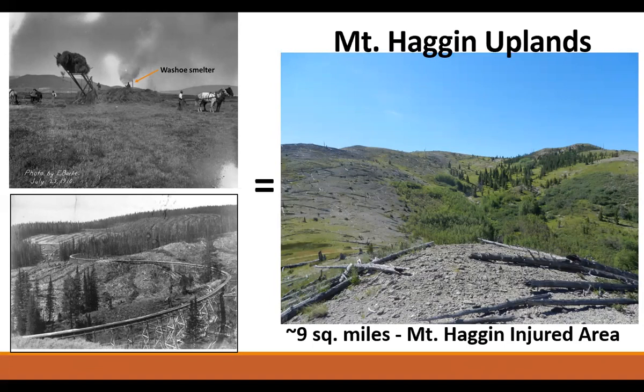Where the aspect is not favorable, we have bare ground, and lots of erosion. What this comes out to be is about 9 square miles or 5,500 acres of injured area in Mount Haggin, so quite a large area. Our study site for this project, which I'll get into, is up here in these ridges.